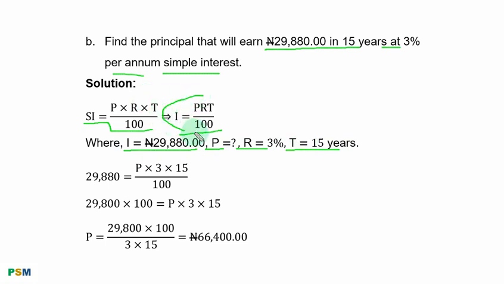You come here and replace the known parameters with what they stand for. You have it in this form. Multiply through by 100 to clear fraction. To make P the subject, divide both sides by 3 times 15. You have it in this form. When you divide, you have the principal to be 66,400 naira.